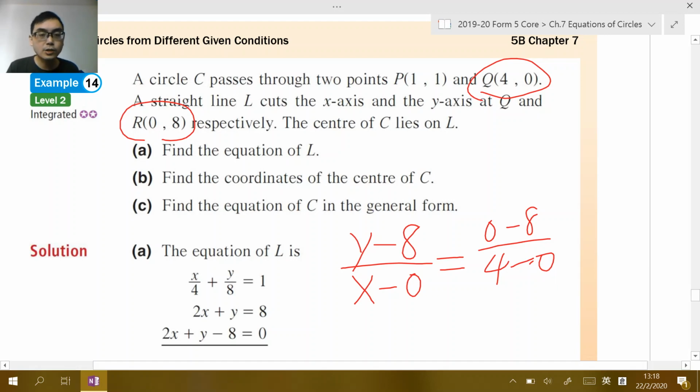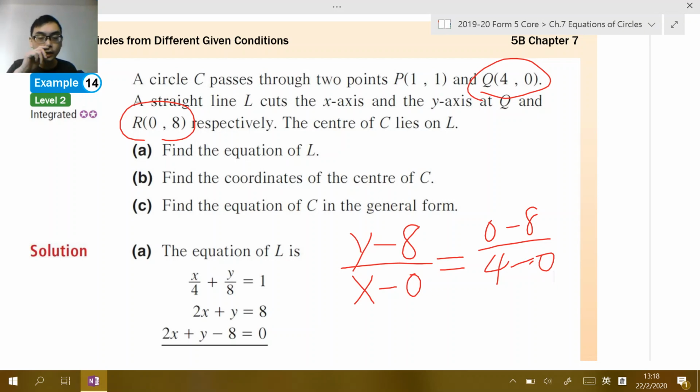So in this question, if I want to find the center C, what you have to understand is the scenario of this question. Now, I've got the circle C, but I don't have any information. We just know that there are 2 points, P and Q, which lie on this circle.